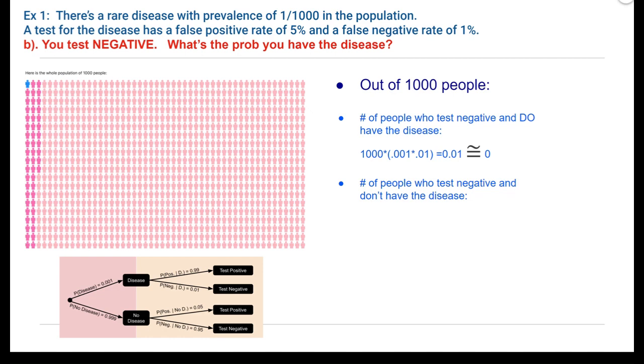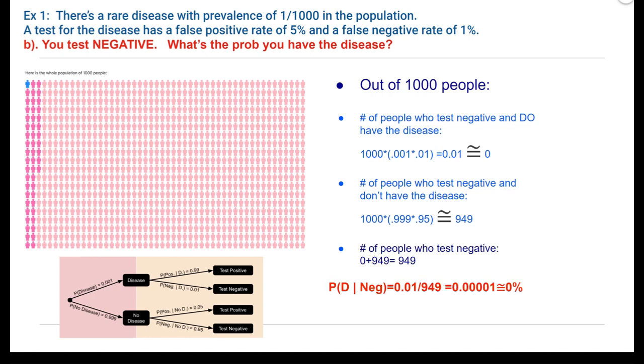Number of people who test negative and don't have the disease, well, that's 949, okay? And then the number who test negative in general, 949. So the probability of having the disease given that you test negative is super, super tiny. Okay, and I'm saying approximately 0. This is not 0. I can't have exactly a probability of 0, but we're just pointing out it's very small.